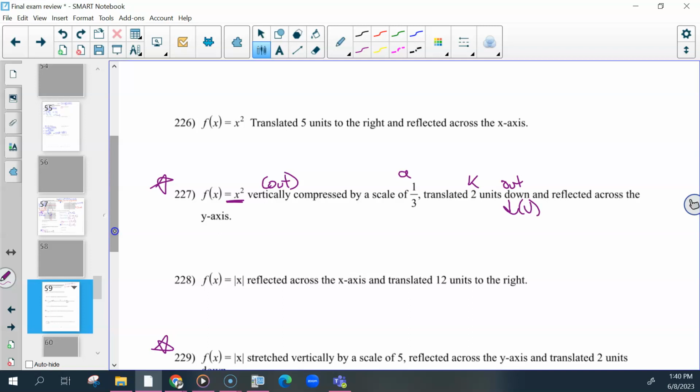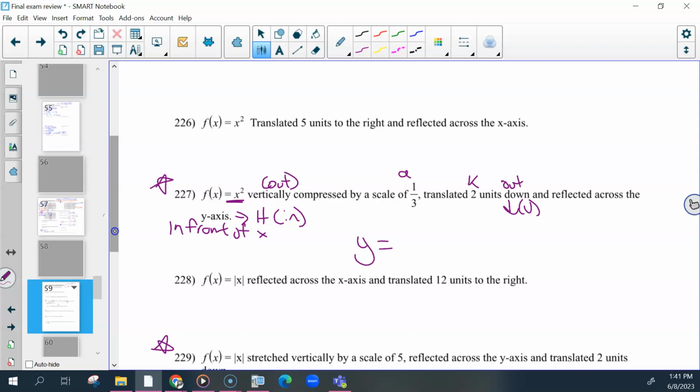And then reflected across the y-axis, if this is the y-axis, is doing this. So that's horizontal. So that's going to be inside. But when we put that in our equation, it'll be in front of x. So then we can start to piece all those things together. You can use y equals or f of x, it doesn't matter, they're the same.